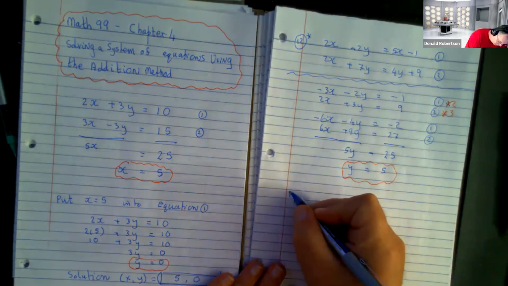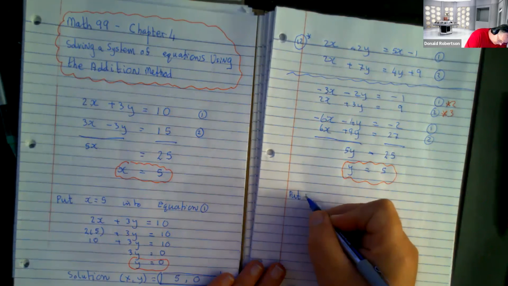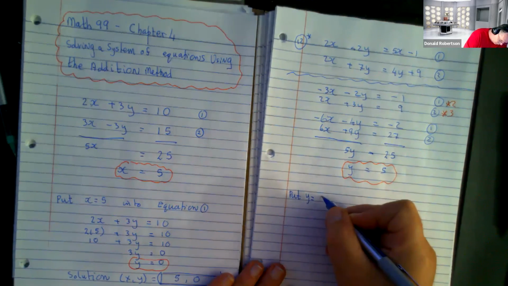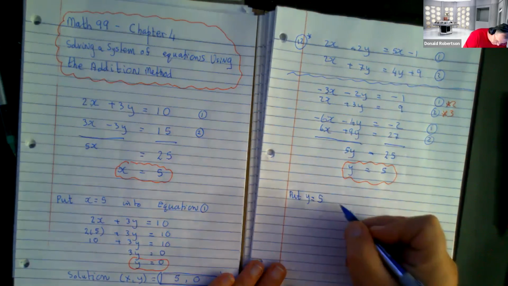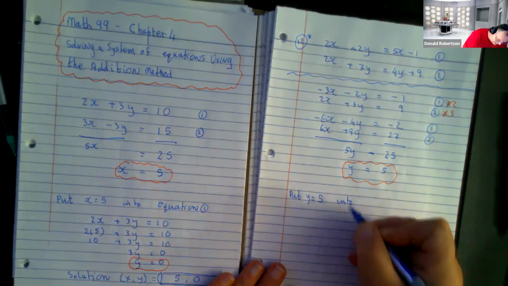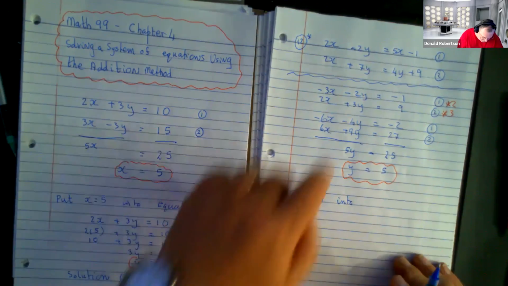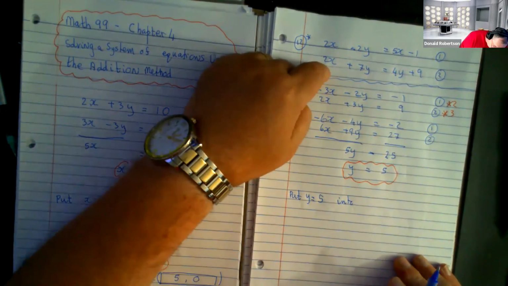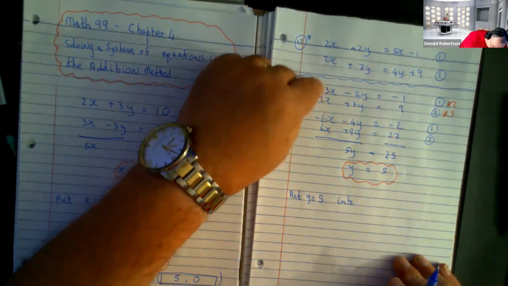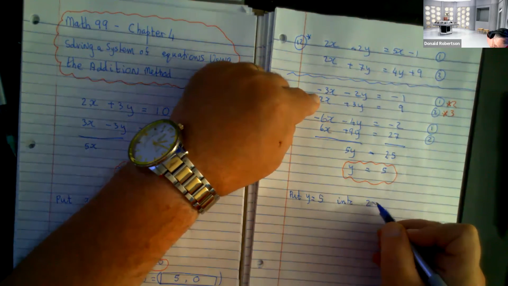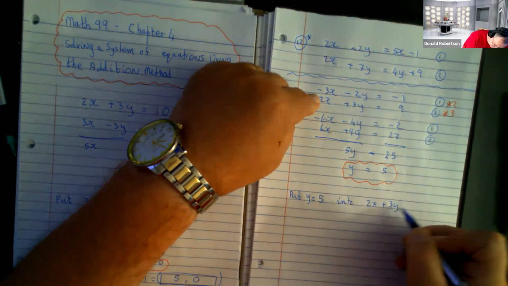I said x, y, I should say. We now are going to put y equals 5 into any equation you like. I don't really like these because they're kind of ugly, so I'm going to pick one of these two. I think I should pick that one. So 2x add 3y equals 9.